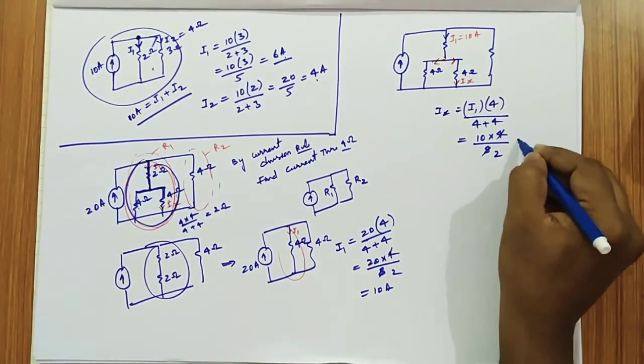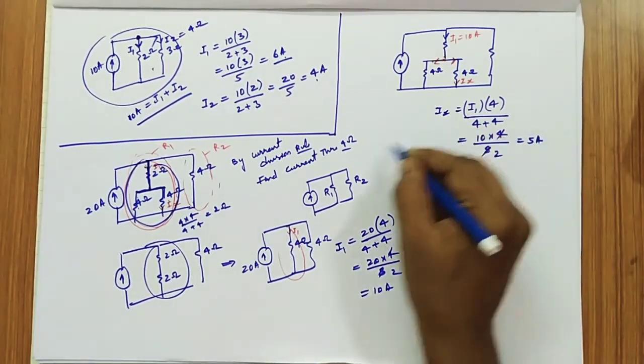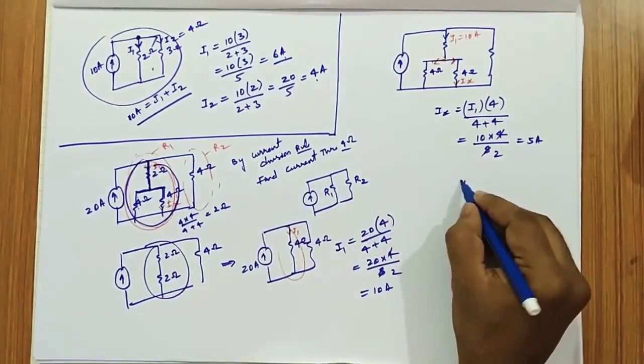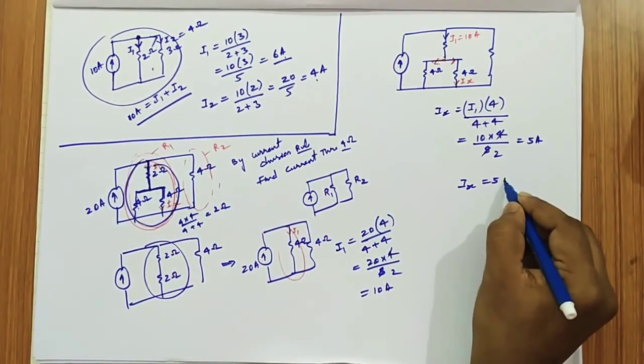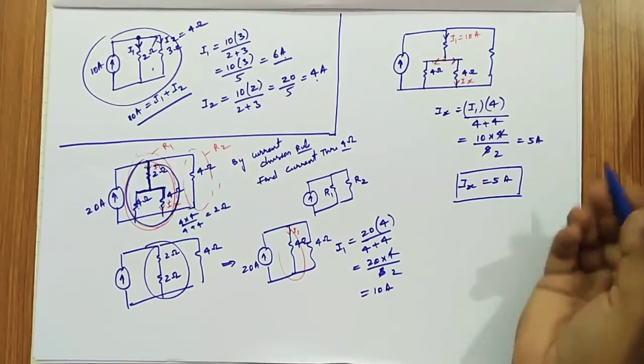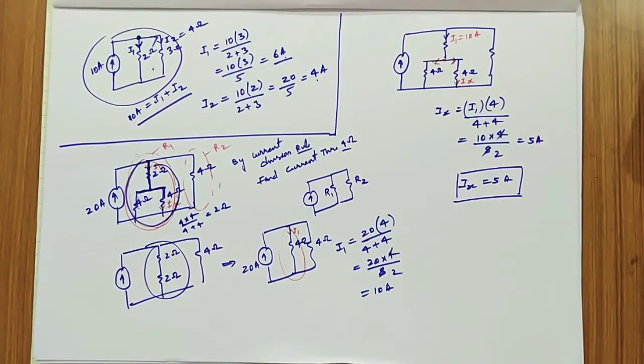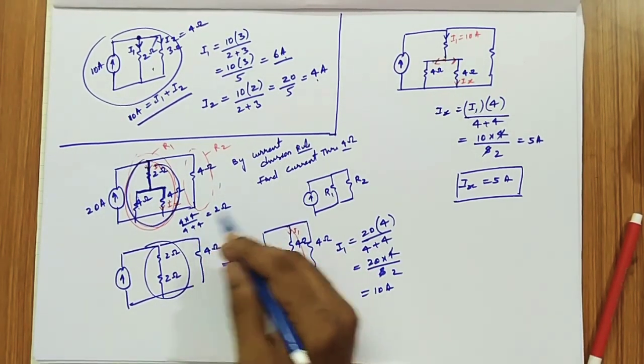So 5 amps is flowing through this branch. So Ix equals 5 amps. You can cross-check by KCL or other methods, mesh analysis or node analysis. So this is the way to solve a circuit using the current division rule.